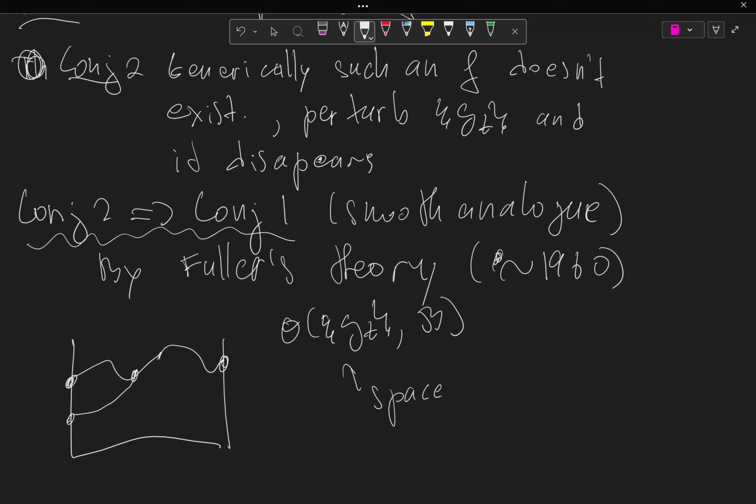In general, of course, it's quite a nasty space, but the best you can hope for is a branched one-manifold, because you cannot avoid these kind of bifurcations. So the best hope is you have a picture like this, where everything is compact, and then you can prove invariance using Fuller's theory.